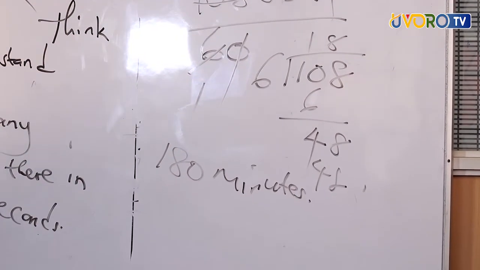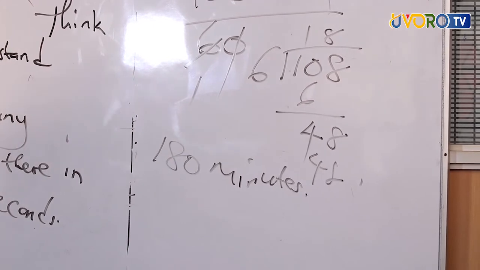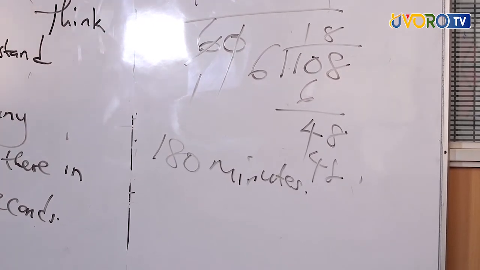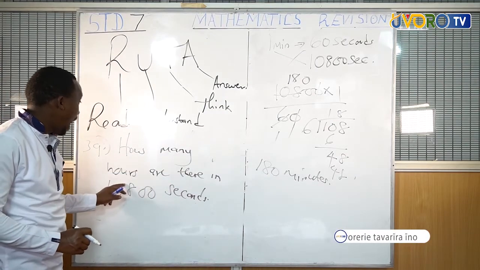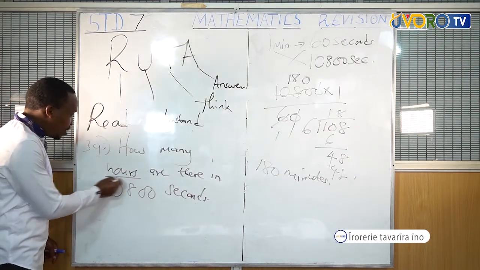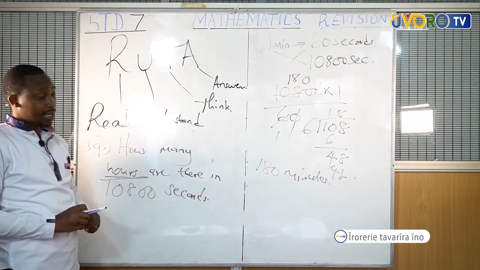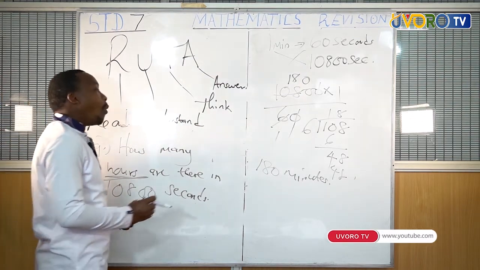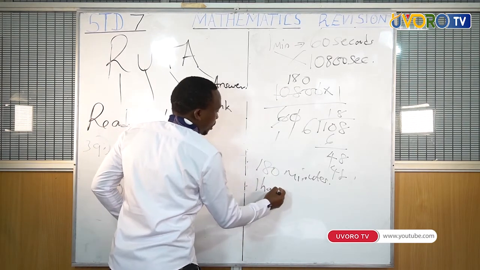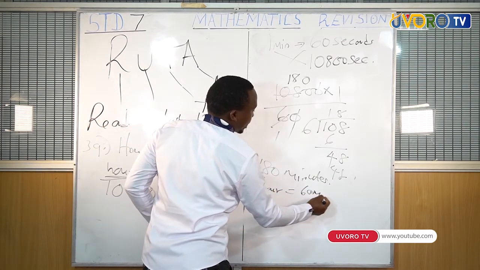Now, remember T for thinking. You cannot say the answer is 180 minutes. We are told how many hours, and write the key word, hours, are there in 10,800 seconds. So 1 hour is 60 minutes.